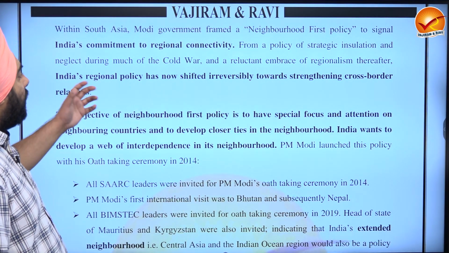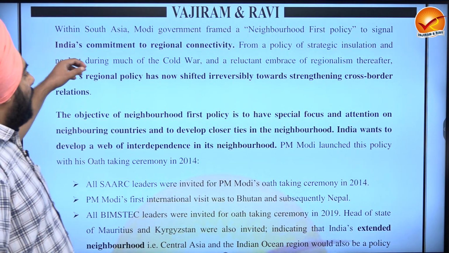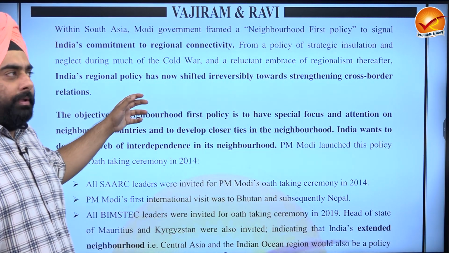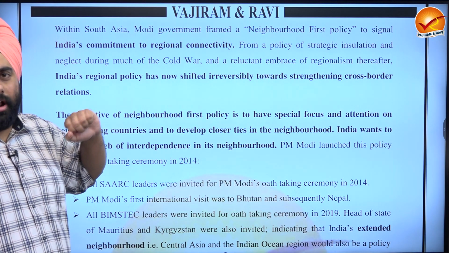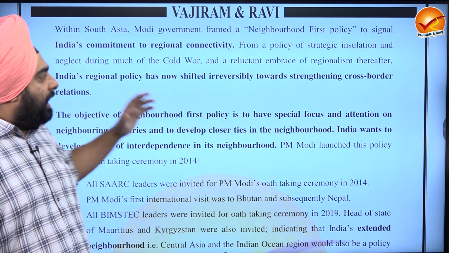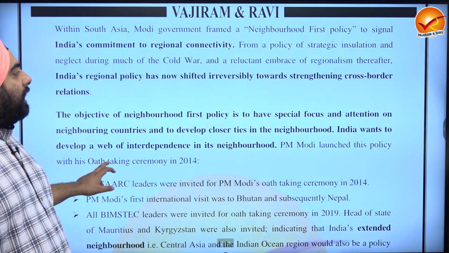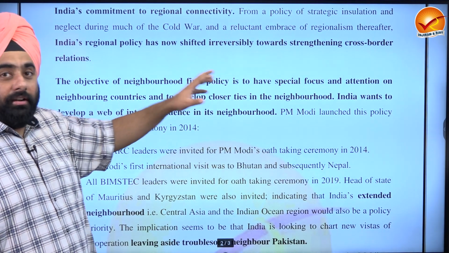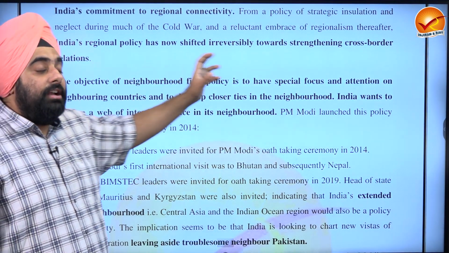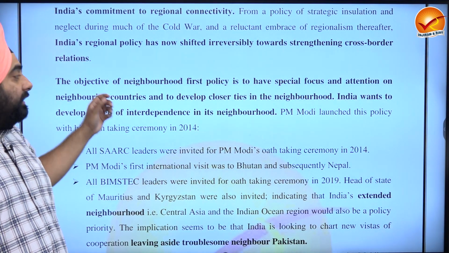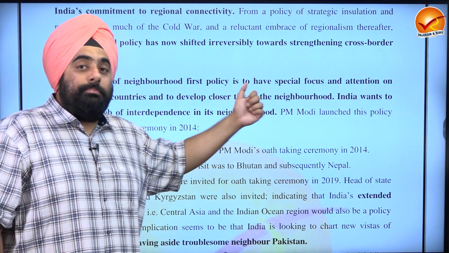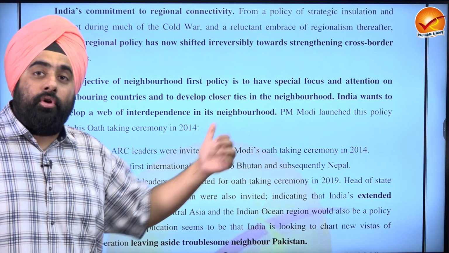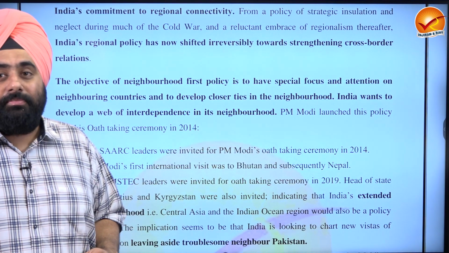If you compare it with the attitude we had during the Cold War period, at that time India used to follow a policy of strategic insulation or isolation. But that attitude has now changed, and India is now trying to develop cross-border relations and good cordial ties with its neighbors. The Neighborhood First policy has been launched in order to give special focus and special attention to our neighboring countries.